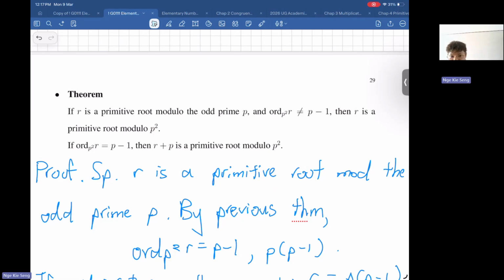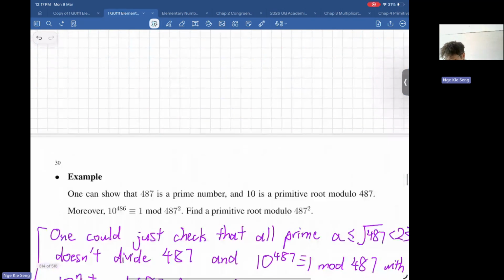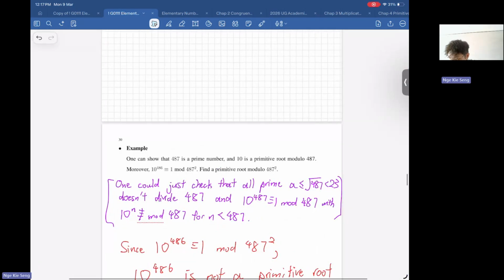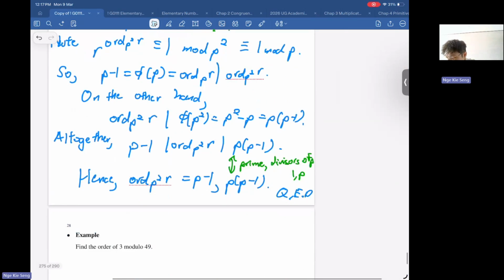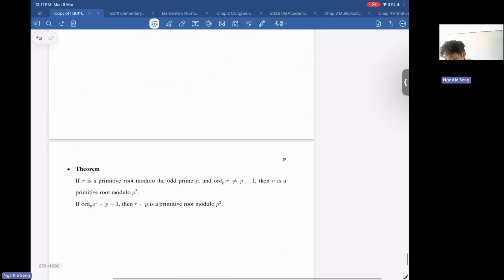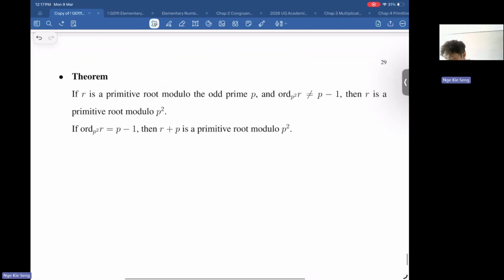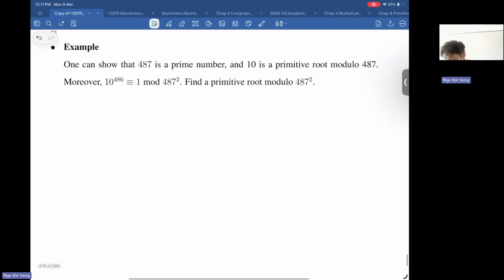Okay, so let's do this example. Page 30. These pages are some of them a bit mixed up, or I rearranged them. So I will post up my version.